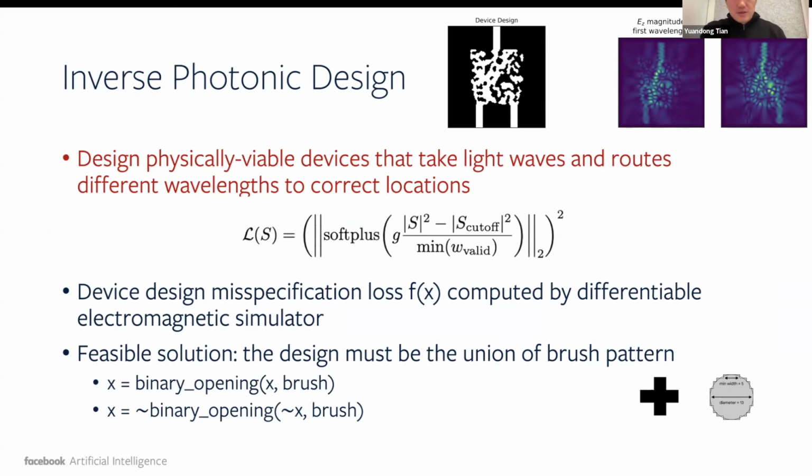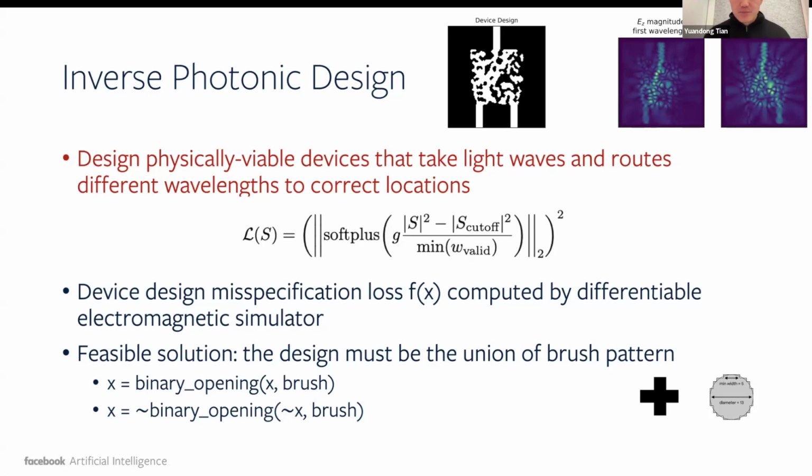To compute the optimization function is very complicated. You need to solve an electromagnetic simulator, and once you have the simulator, you find the frequency response, and then you get the loss function. So it's super complicated. But the solution space is binary.